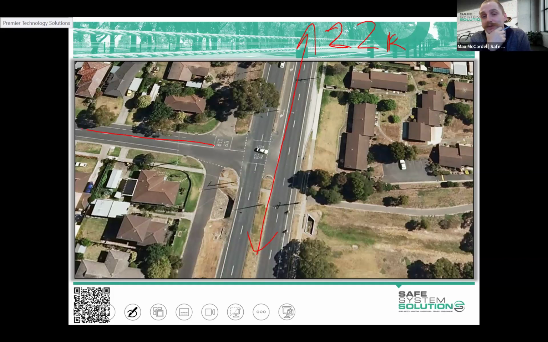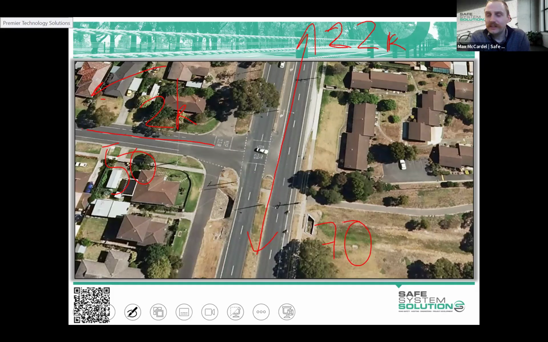It's primarily used for residential access, although there is a school about a kilometre down from here. This one has about 2,000 vehicles a day. The speed on the local street is 50. The speed on the arterial is 70.